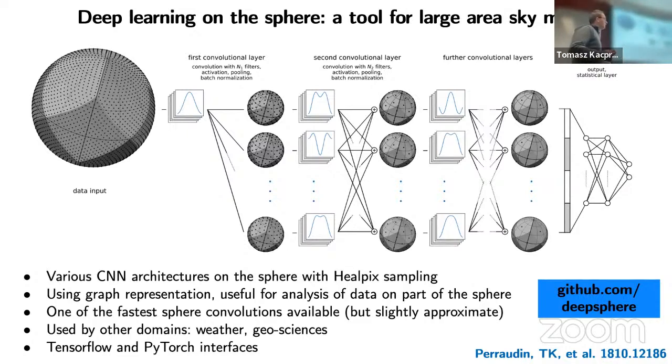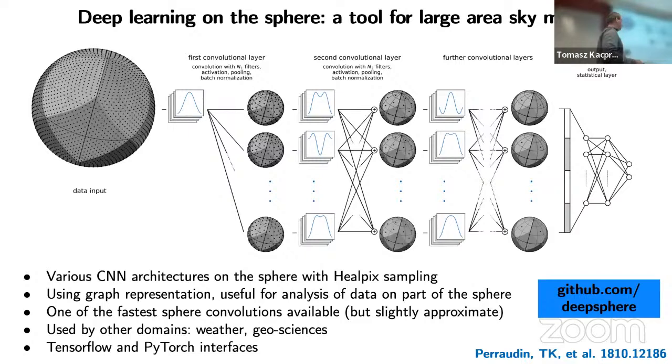Another nice property of this is that, to a very good degree, this neural net is much faster than a standard spherical convolution. It's not exactly the same as a spherical harmonic decomposition. It has a little bit of an error, because the graph that we create to represent it is an approximation to the full high resolution pixelization. So it's not 100% the same as the a_lm decomposition, but it's very close, and it's much faster.